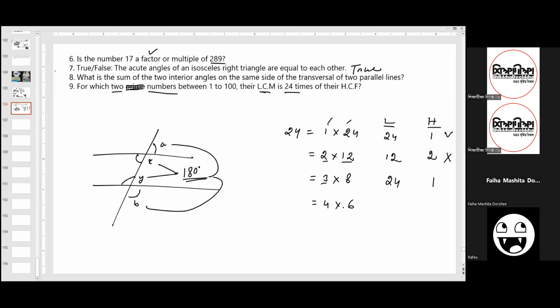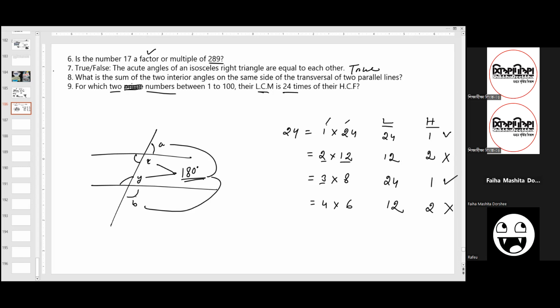For 4 and 6, the LCM is going to be 12, but the HCF is 2, right? So this is also not our answer, but this is our answer, right? I mean 1 and 24, 3 and 8. Now we have some other pairs of numbers where we can get LCM and HCF, right?